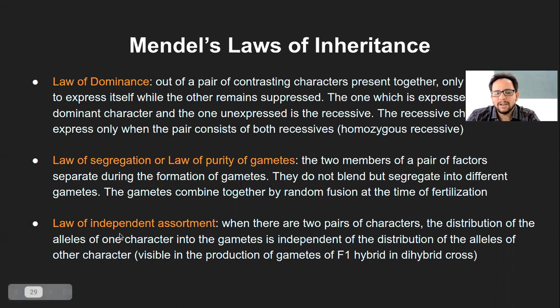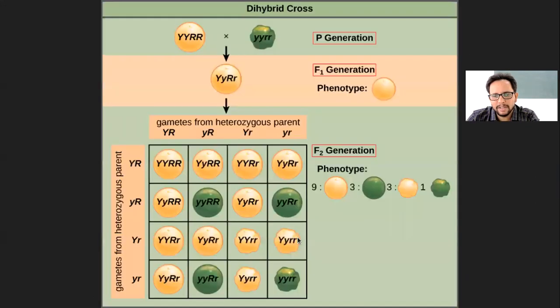And the third one was the law of independent assortment. This is specifically applicable to the dihybrid cross. Whenever we cross two pairs of characters, the distribution of alleles of one character is independent of the distribution of alleles of the other character. So in this case, especially with the F1 generation, the distribution of alleles, that is whether capital Y or small y goes to the individual, is independent of capital R or small r, and the other way around too, like which gamete will have capital R or small r.